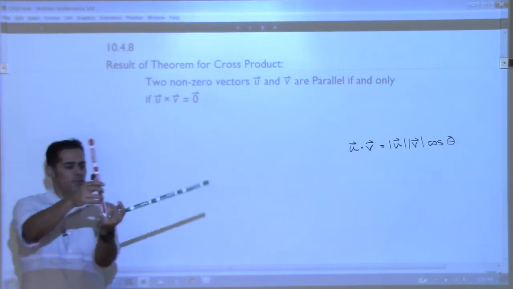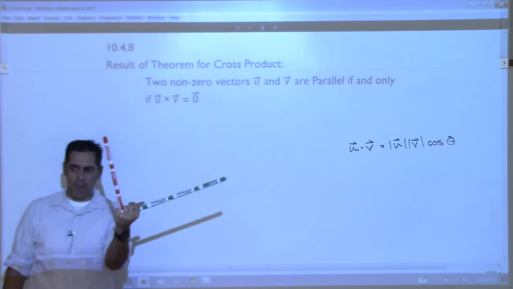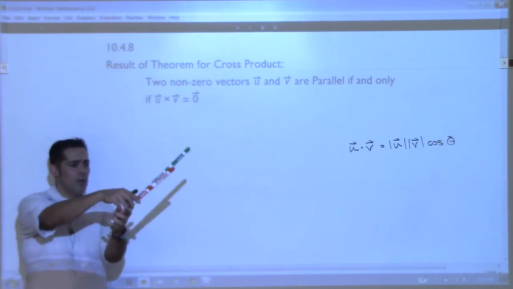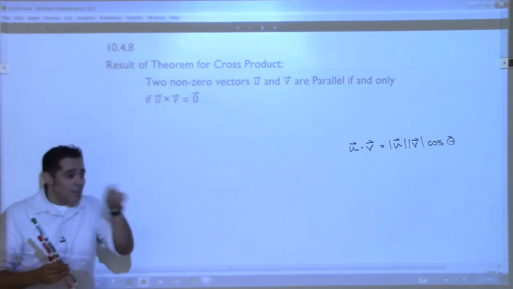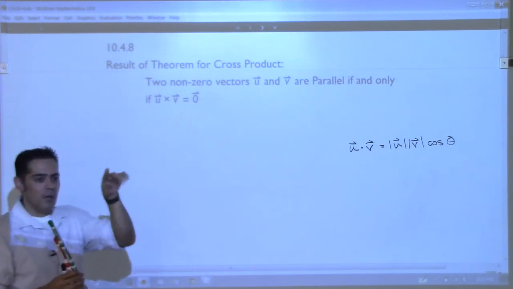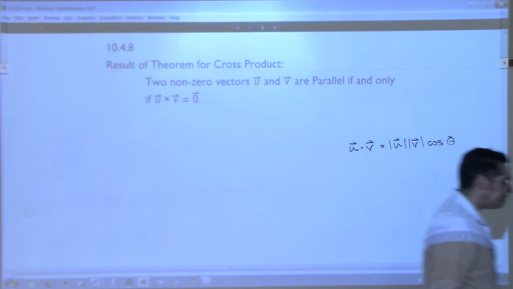Do we know how to check if two vectors are perpendicular? We just do a dot product, right? If that dot product is 0, we know they're perpendicular. But how do we check to see if they're scalar multiples of one another? Well, one thing we could do is just look at the vectors and see if it's like doubling each component or something. But you can calculate the cross product to check it too.